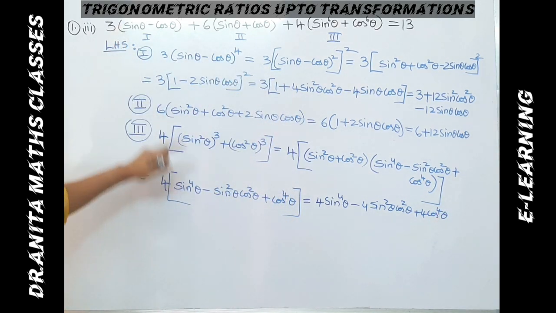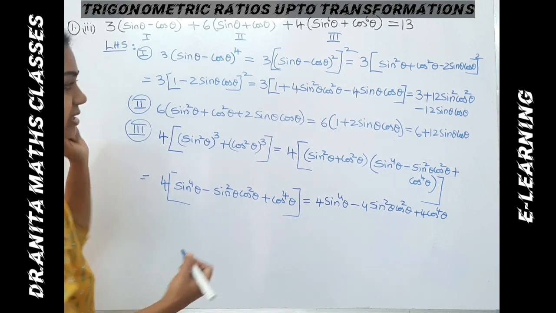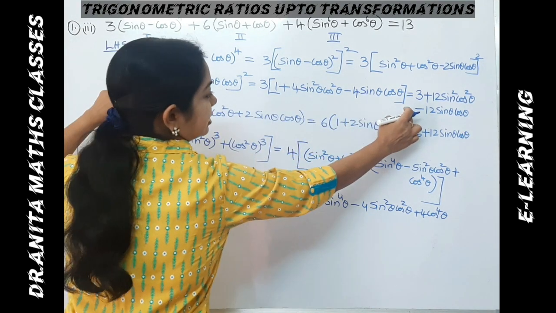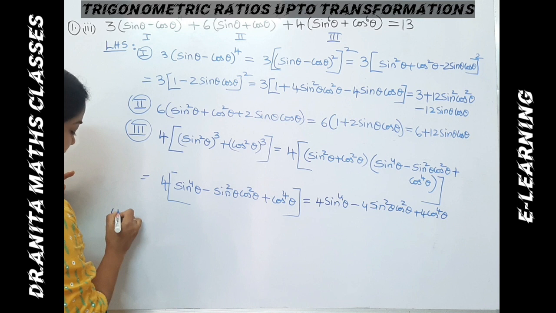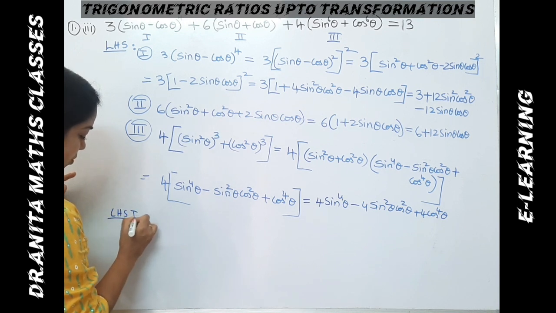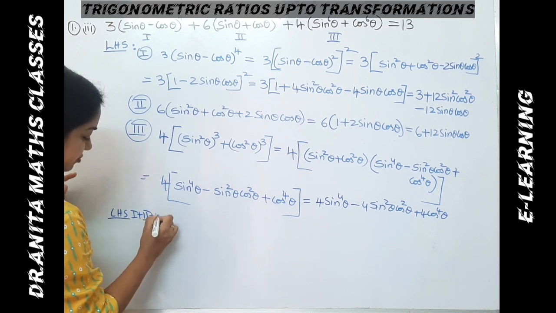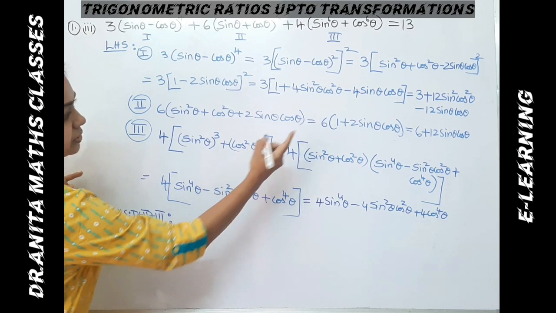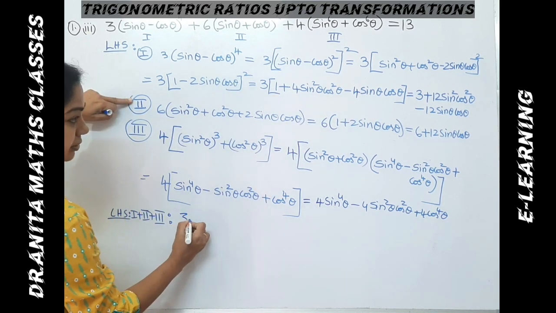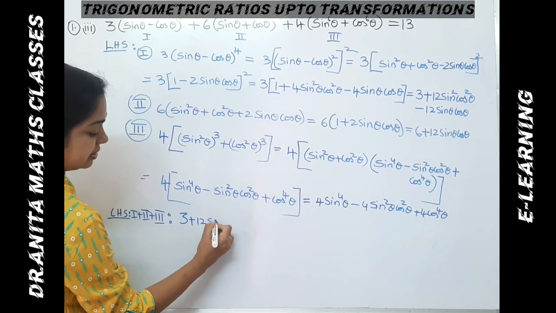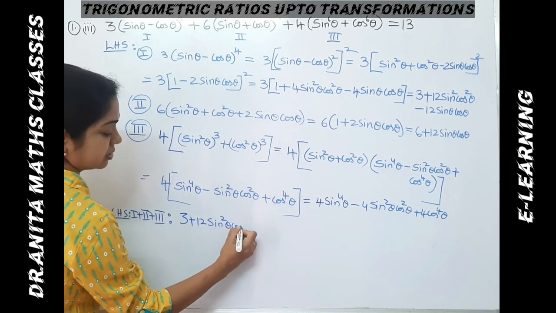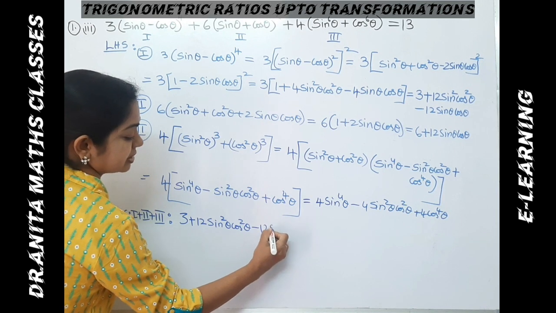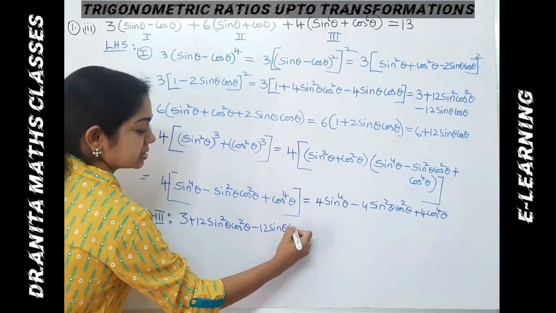Now let us add all the 3 parts of the LHS. The first part is that one, 1 plus 2 plus 3. Let us add here. So that is 3 plus 12 sine square theta cos square theta minus 12 sine theta cos theta.